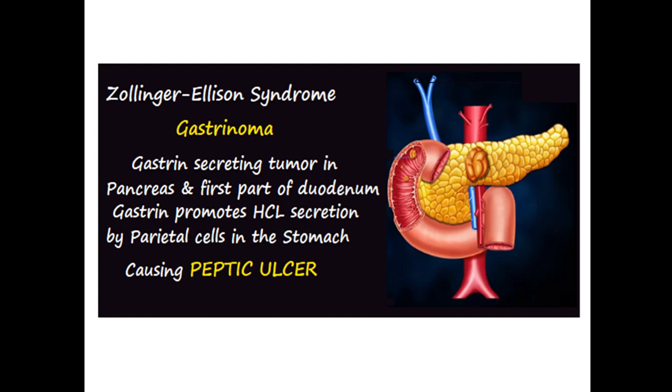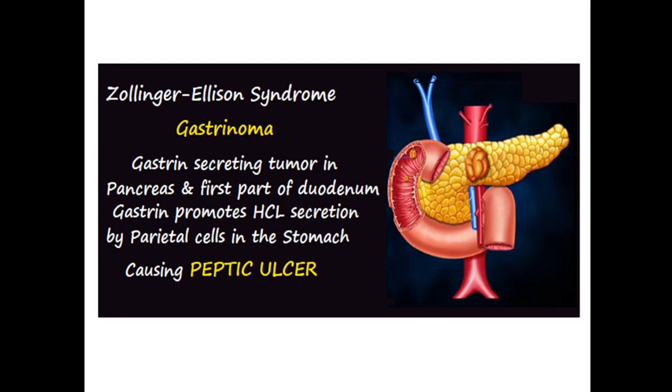Now if a tumor develops in these G cells, this tumor, known as gastrinoma, will secrete an abnormally excessive amount of gastrin, and the gastrin will stimulate the parietal cells of the gastric mucosa in the body and fundus, and will cause excessive hydrochloric acid production.